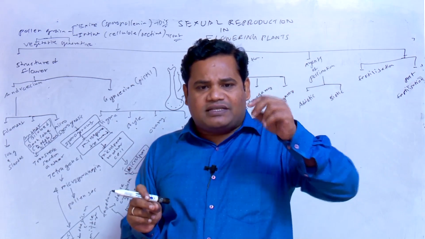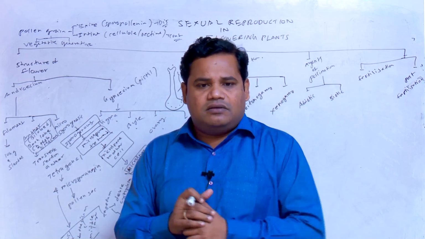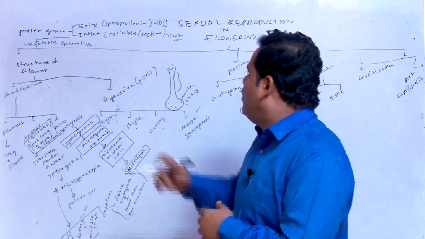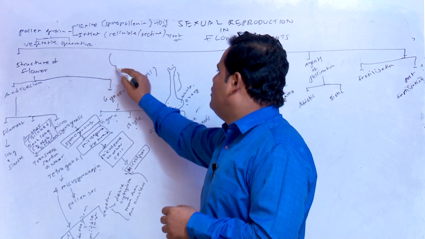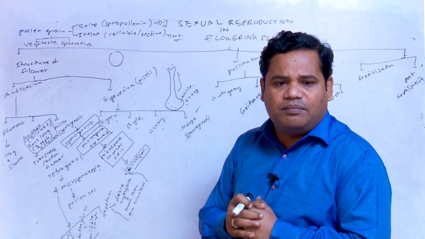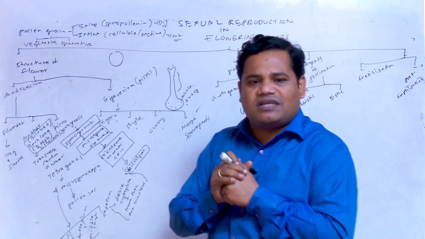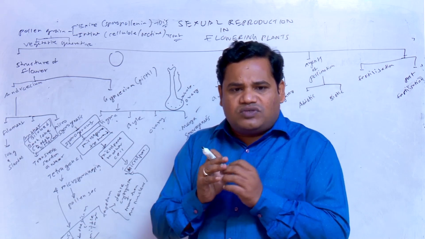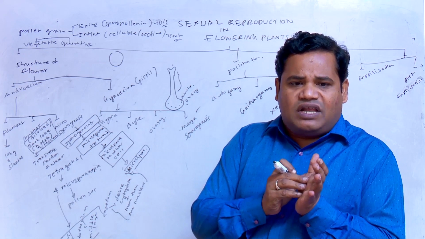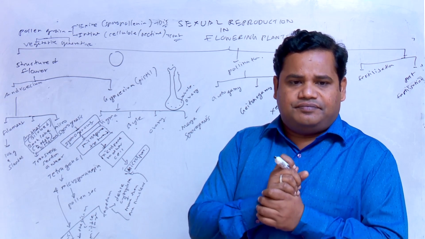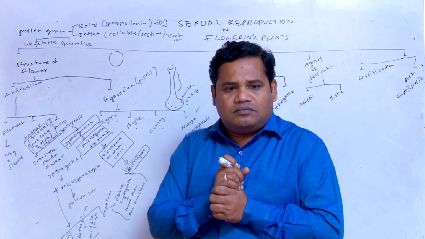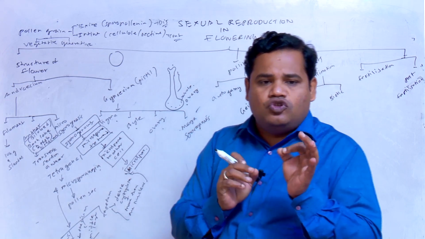Opposite to the micropyle end is the chalaza, the basal part of the ovule. Enclosed within the integuments, there is a mass of cells called the nucellus. It contains reserve food material. It is not nucleus, it is nucellus.